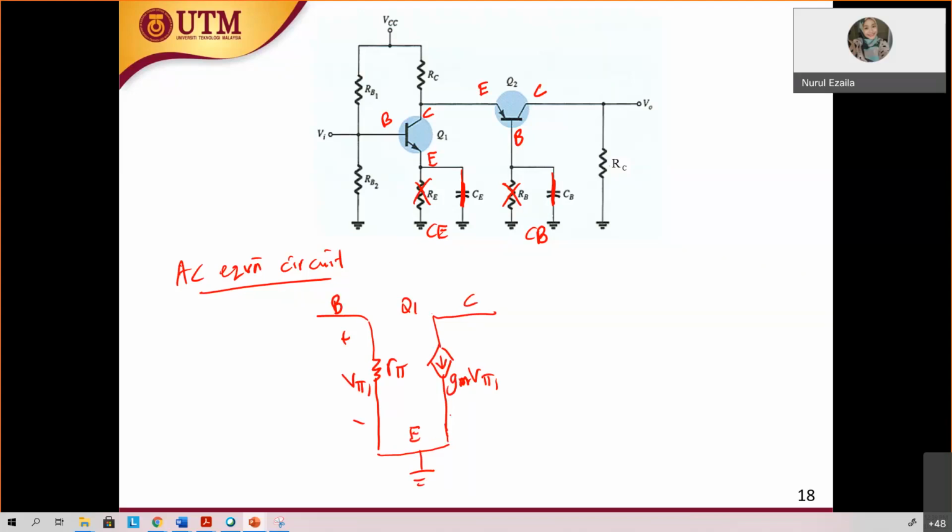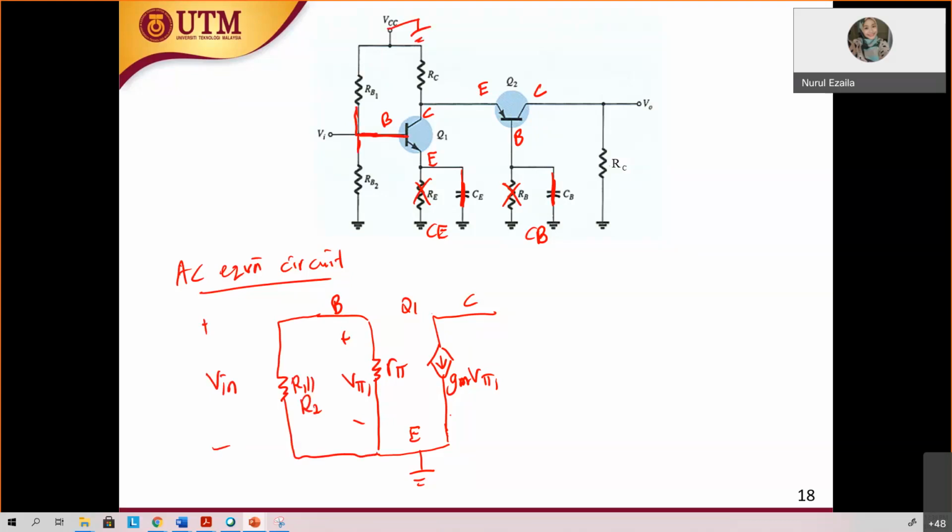At the input you have RB1 and RB2. At the base you have RB1 and RB2 to the ground. This becomes grounded, and you have the V in. No voltage source.